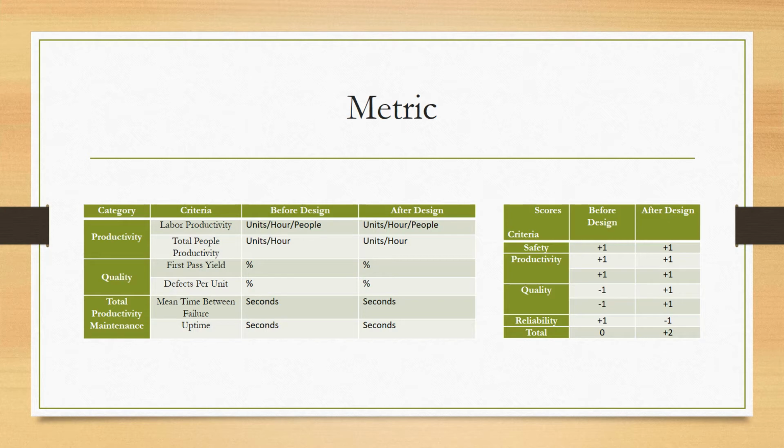If you look at the table on the right, you see there's +1 and -1. For example, for productivity, if productivity for the after design is higher than the before design, then we give a +1 to the after design and a -1 to the before design. And the total number decides which option is better.